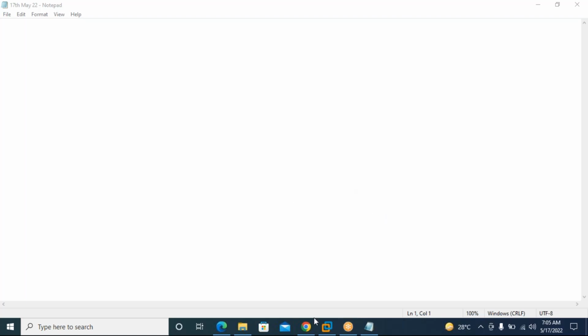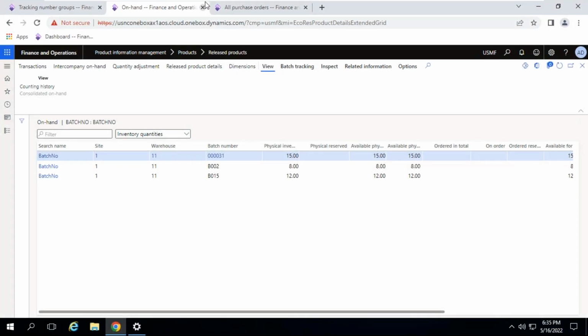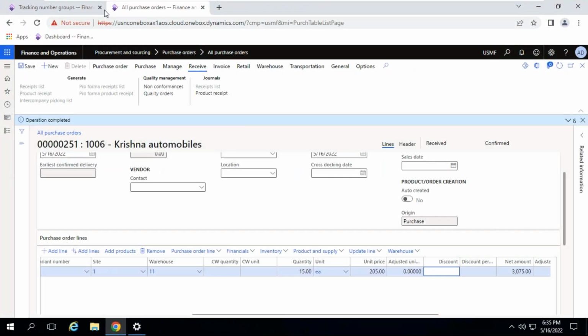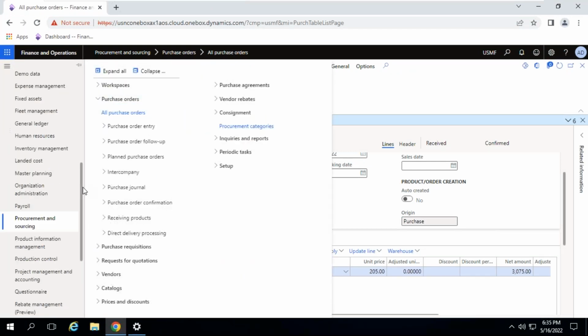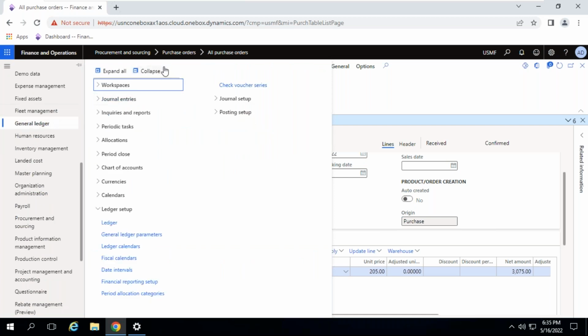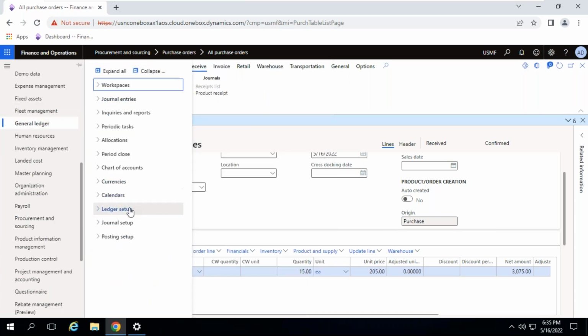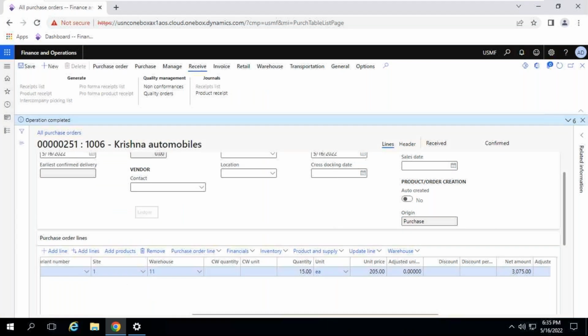Okay, so if you go to the application, that is in general ledger setup, ledger.